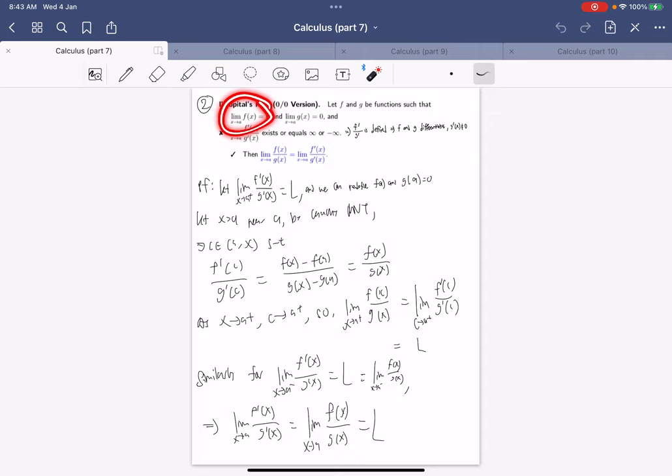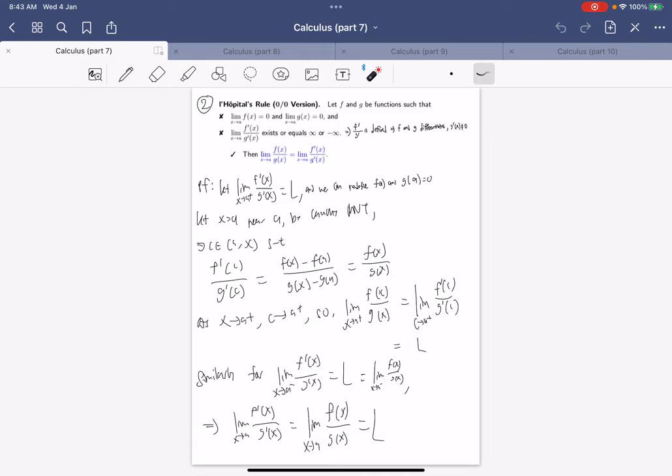Instead, we just need the limit to approach 0. And then we need the limit of f prime x over g prime x to exist, or equal infinity or negative infinity.